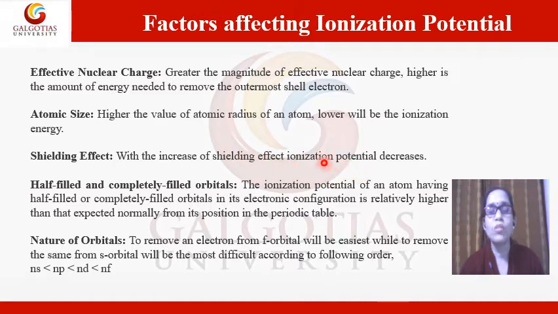If the number of inner electrons is more, then the screening and shielding effect will be more, and the effective nuclear charge felt by the valence electron is less. So with the increase of shielding effect, ionization potential decreases.